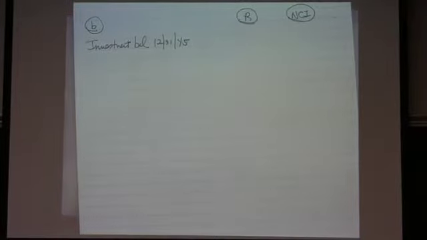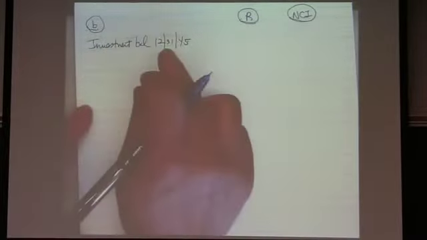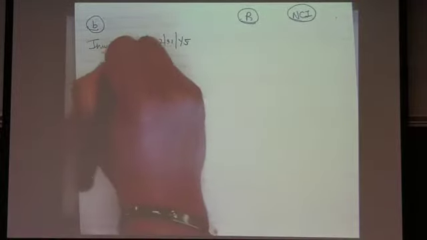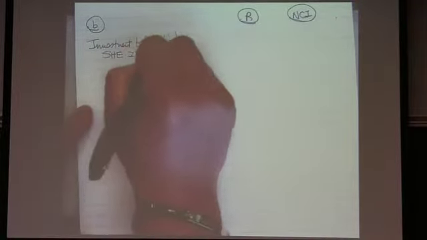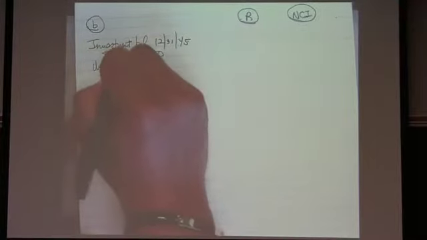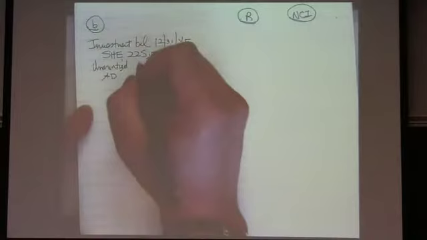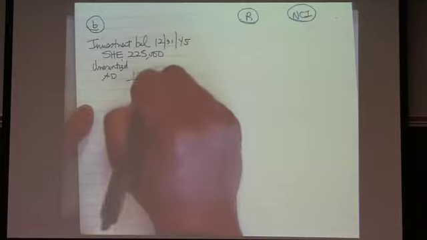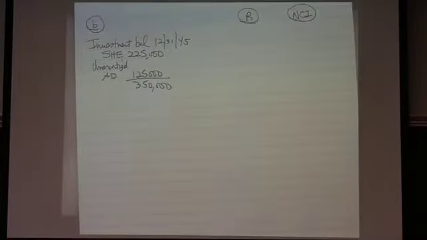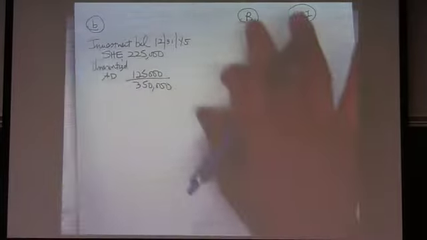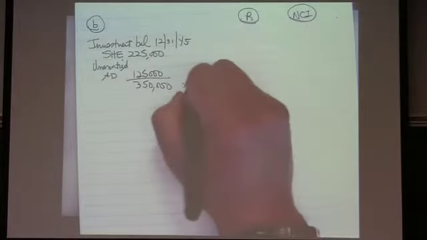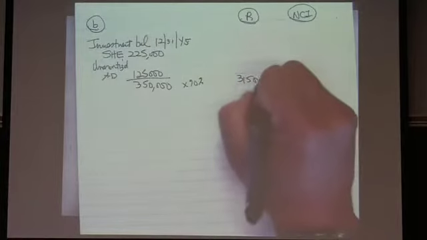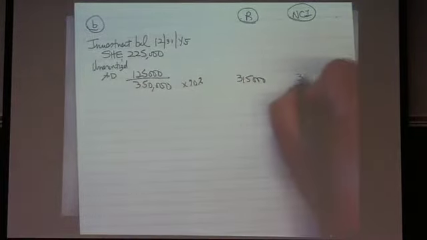We want to start with the shareholders' equity of Argyle, which was 225, plus the unamortized AD, which was 125, to give us 350. So this is the investment under the equity method, and we're going to allocate that to Regent at 90%, and the non-controlling interest at 10% is 35,000.